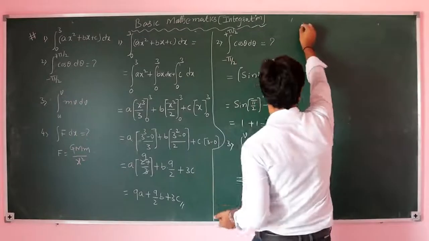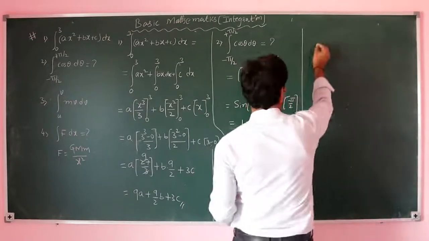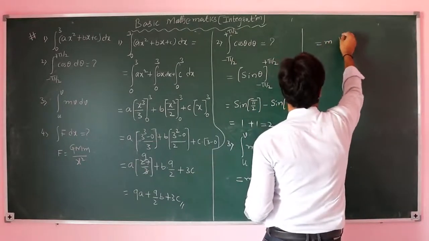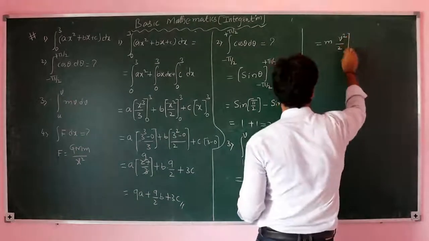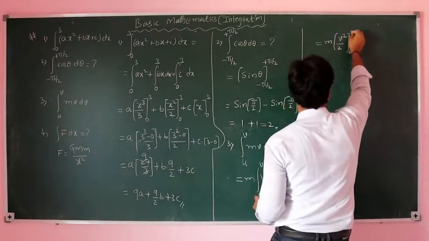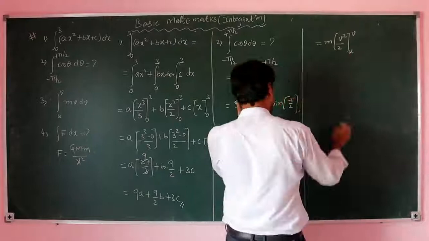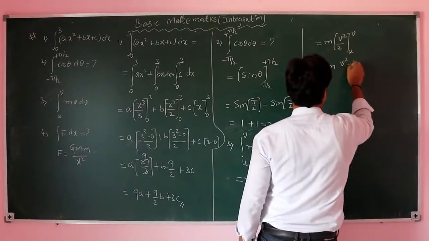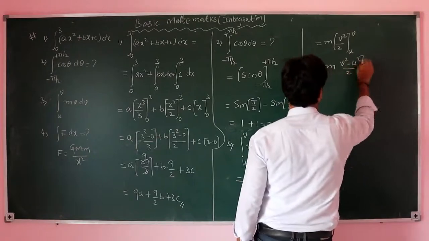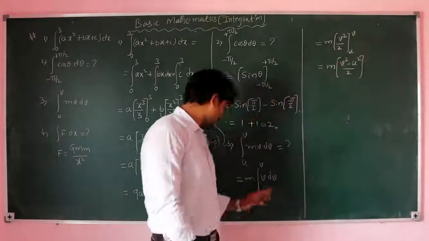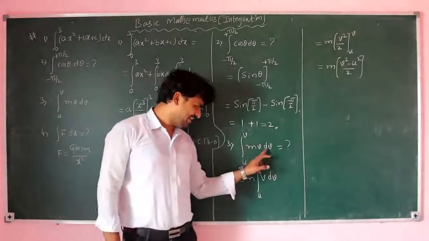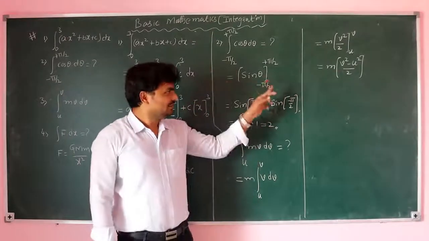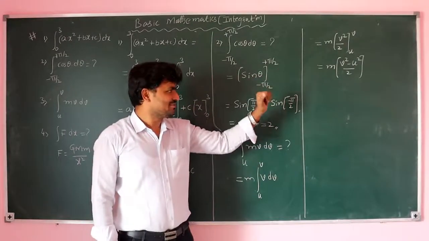So the value is m into v square by 2 from u to v, which is m into v square minus u square upon 2. The integral from u to v of mv dv is m into (v square minus u square) by 2.